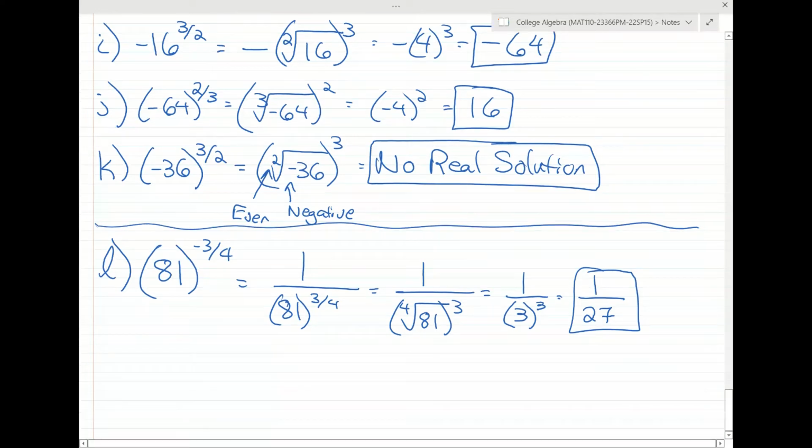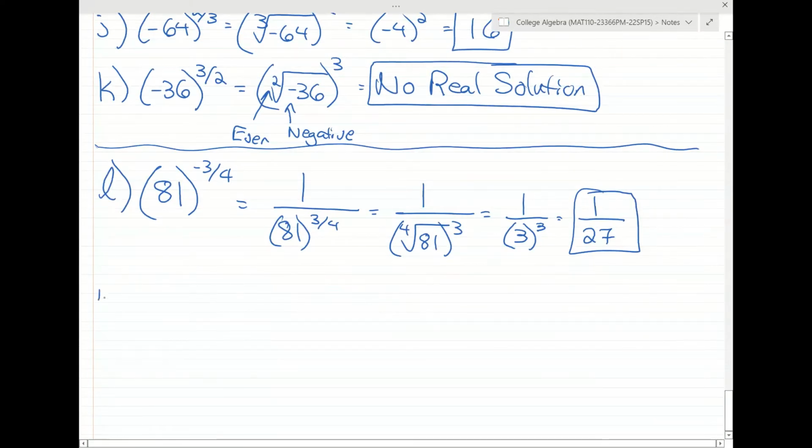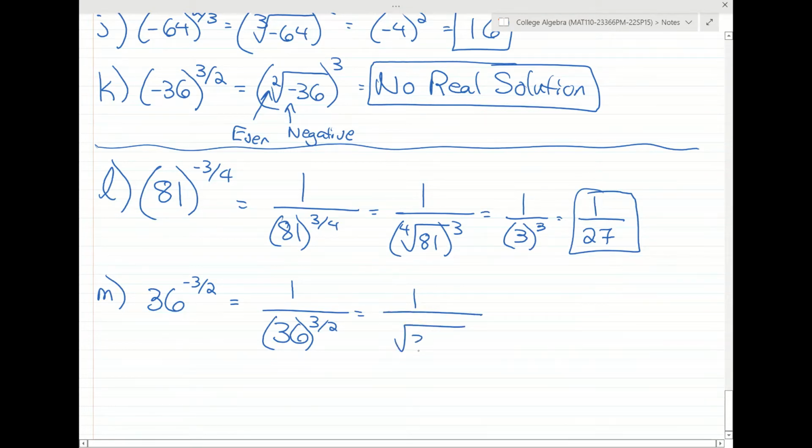More with the negative exponent. 36 to the negative 3/2. 1 over 36 to the 3/2. 1 over the square root of 36 to the 3rd power. 6 to the 3rd is 216.